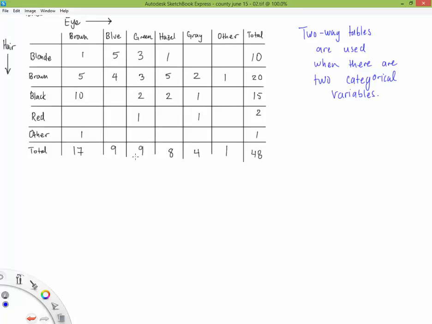But let's do a little bit of work with our two-way table. Okay, so just these questions you already know how to answer, but I could just say, how many people have blonde hair?